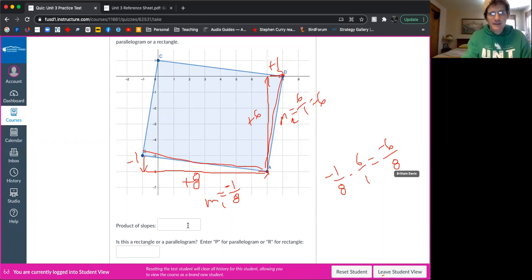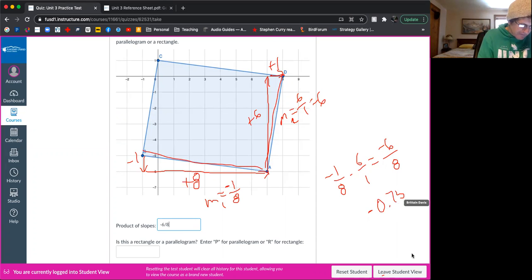And this can be plugged in as -6/8, or I could write this as, if I actually plugged 6/8 in my calculator, I would get -0.75. So that would be another valid way of showing the slope. So if you decided to put this in as 0.75, even just 0.75, that would work also.